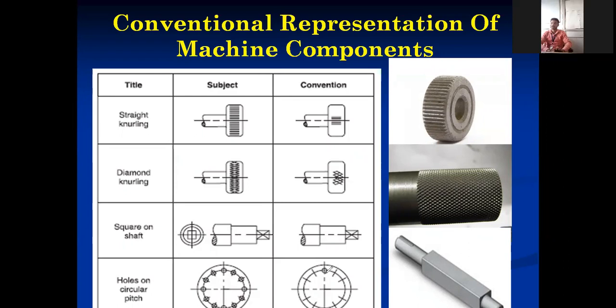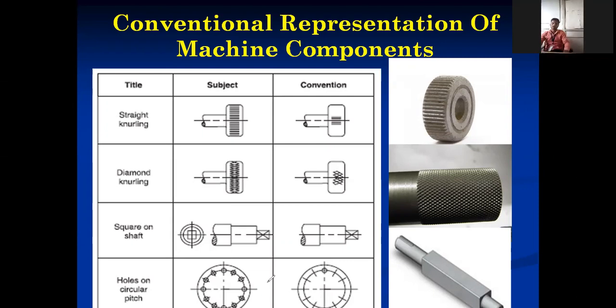What can we understand from this? If a particular component consists of n number of holes, then it is not necessary to show all the holes in the actual drawing. Only one hole you can show, remaining holes can be shown by only which line? Center line, dotted line, or what?